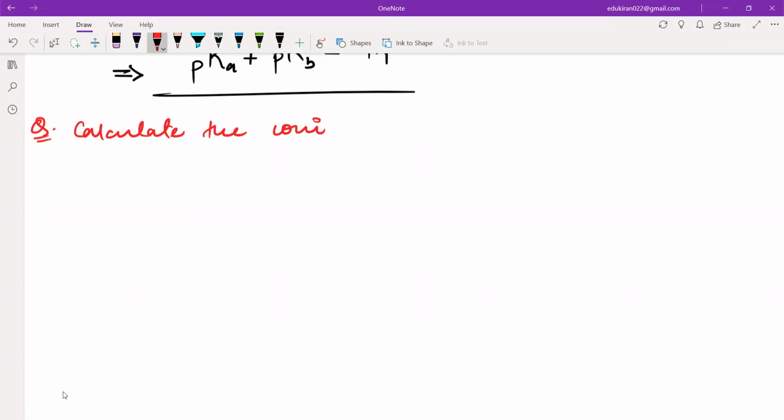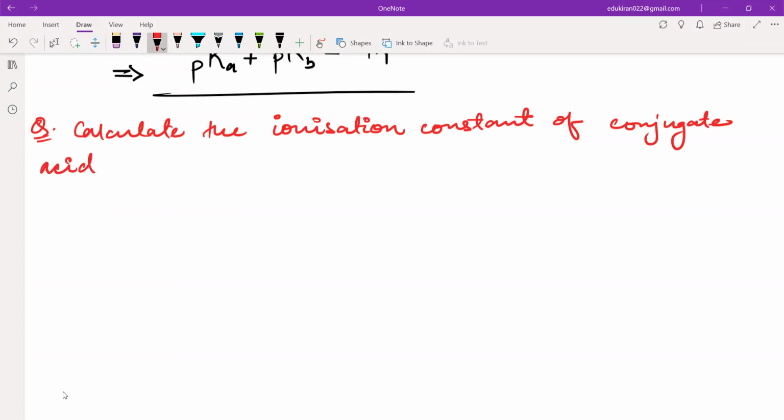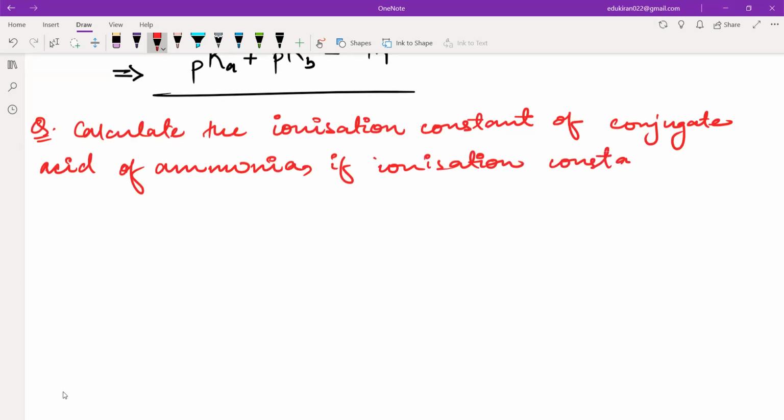Calculate the ionization constant of the conjugate acid of ammonia, if the ionization constant of ammonia is 1.77 into 10 to the power minus 5.